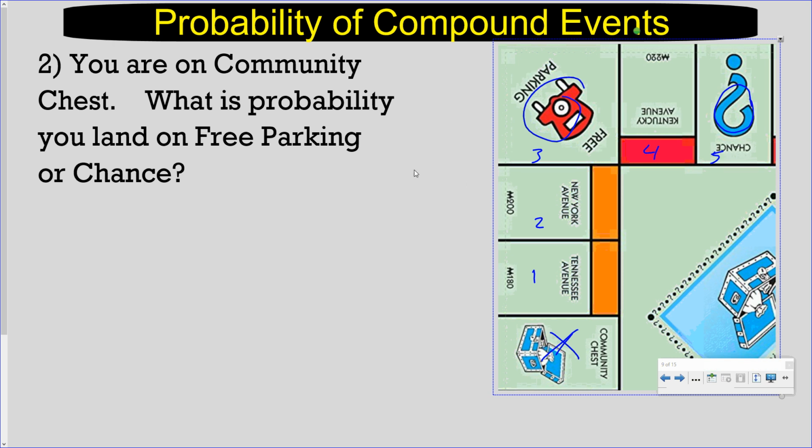No, those are mutually exclusive. They cannot both happen, right? So I'm going to add those probabilities. I could get a 3, which is a 1/6 chance, or I could get a 5, another 1/6 chance. That's 2/6 or 1/3. So I have a 1 in 3 shot of landing on one of those two things.